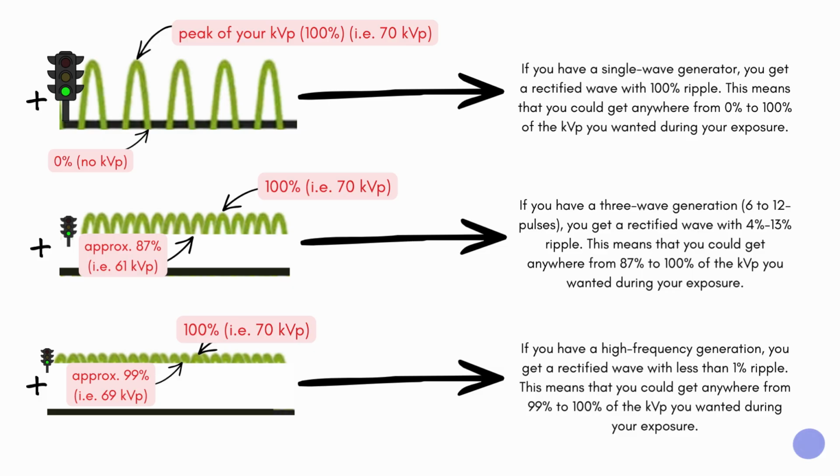To 100% of the kVp. So say you set 70 kVp. When you're pressing your button down and doing your exposure, for a split second, you might be only getting 61 volts of force moving through your system, whereas the next split second, you'll get 70. But you'll still at least get a consistent amount of X-rays being produced while you're exposing.